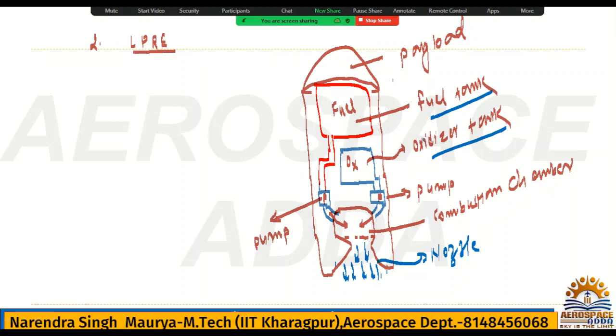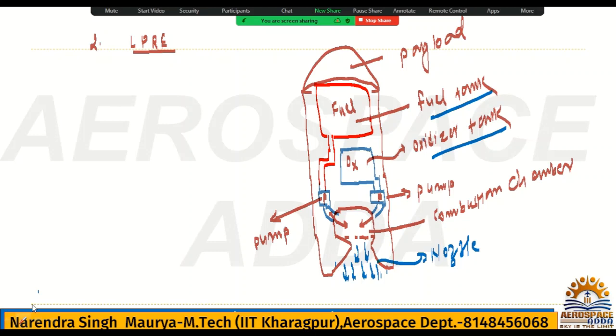That's the reason most of the time we see solid propellant rocket engines. Anyway, these are the components available. I have drawn this diagram so you can understand in this way. And that fuel and oxygen, that is the oxidizer, you will take from the oxidizer tank and fuel tank and mix in the combustion chamber.